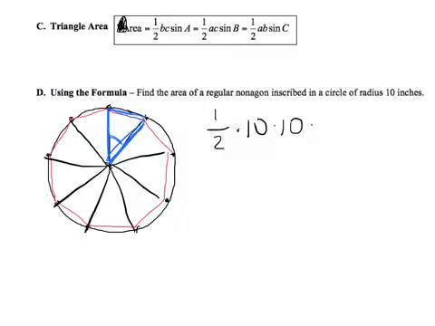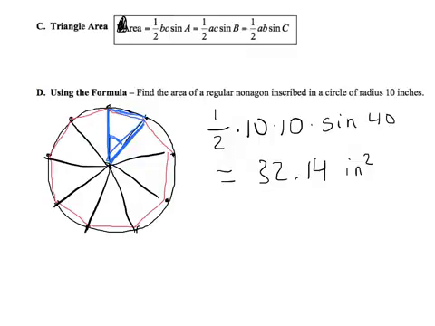Well, all the way around the circle is 360 degrees, and I'm going to split that into 9 equal parts. 360 divided by 9 is 40, so this angle right in here is 40 degrees. So I'm going to be taking sine of 40 degrees. I go through and I solve that. That is 32.14 inches squared.